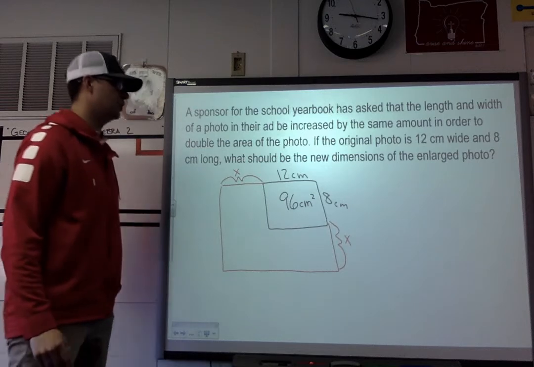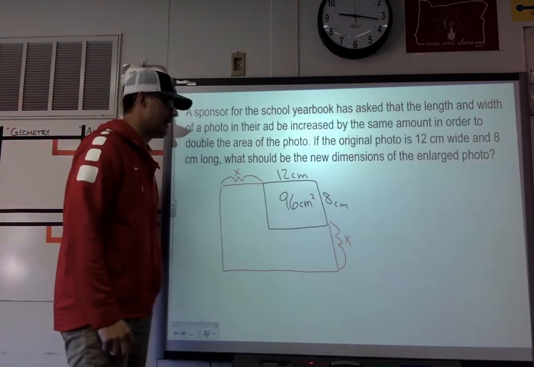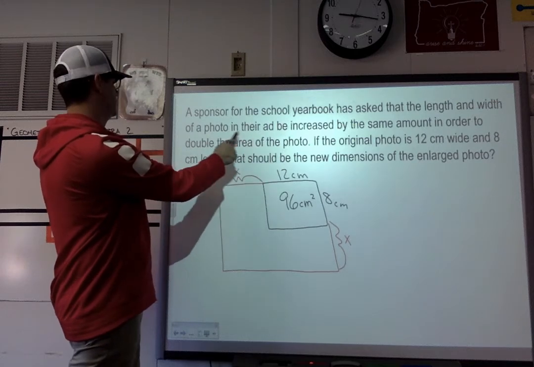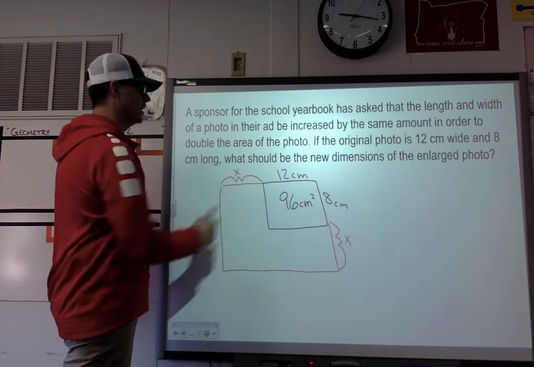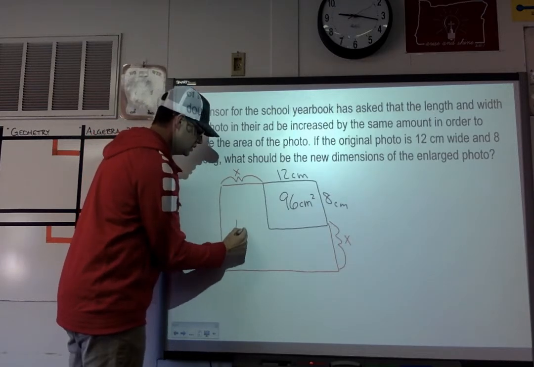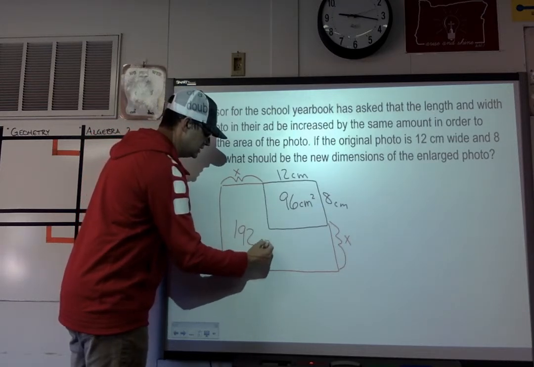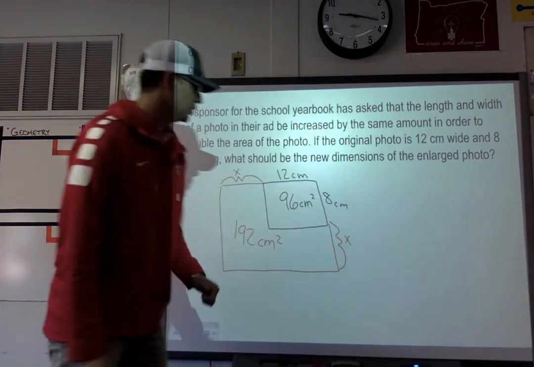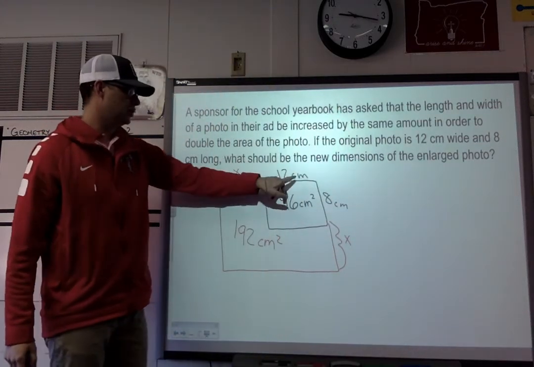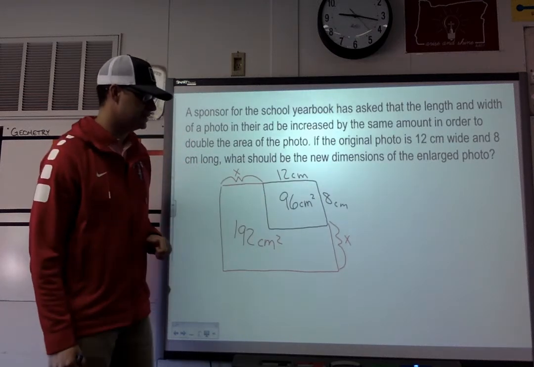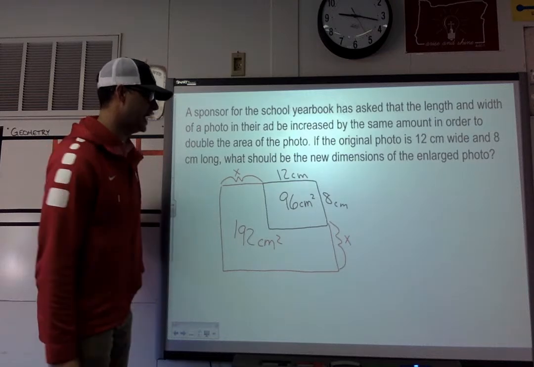So we're increasing the width and the length both by x, and they need to come out to an area that is double the original. So 96 times 2, that would give us 192 centimeters squared. So we know we're going to take our original photo, which was 12 by 8. We're going to increase both of those sides by the same amount of x.